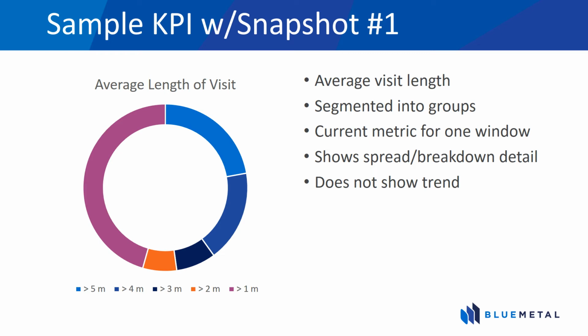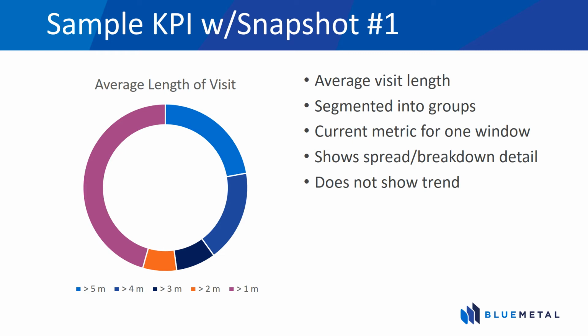If you look at the 0 to 1 minute range, which is in purple, there's a large number. That's the largest segment of visitors. So we could interpret from that that there's a lot of people that are coming into the page and bouncing away. But if we look at that compared to all the other ones that are more than 2 minutes or more, those combined are more than half.